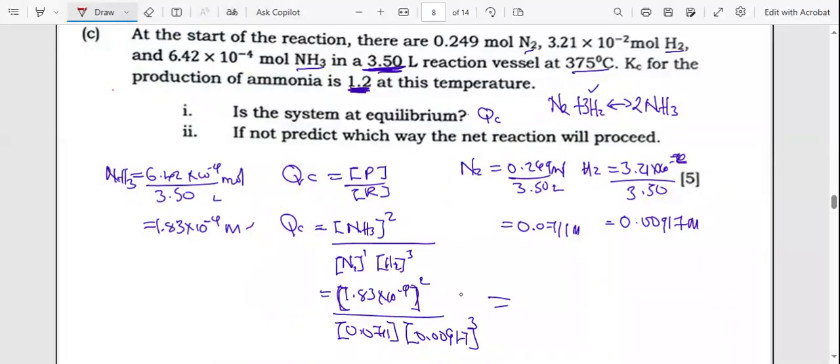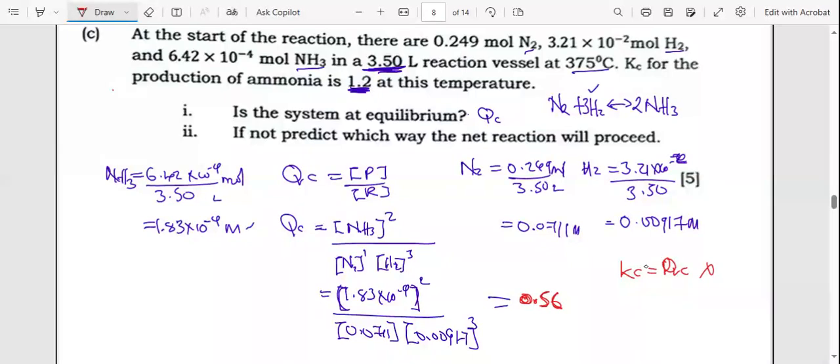So when I punch that on my calculator, I'm getting 0.56. This is the value I'm getting. So this is the Qc value. Is Kc equal to Qc? That's my question. The answer is no.